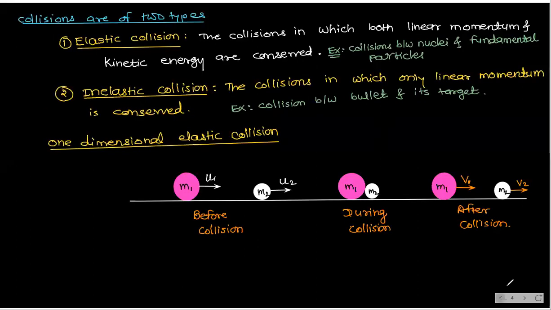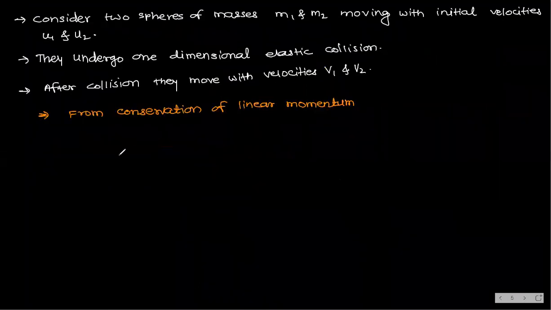Now let's go back to the diagram. Initially, what is the momentum here? M1 U1 plus M2 U2 before collision. After collision, what you will get? M1 V1 plus M2 V2. So momentum before collision is equal to momentum after collision. That is conservation of linear momentum.